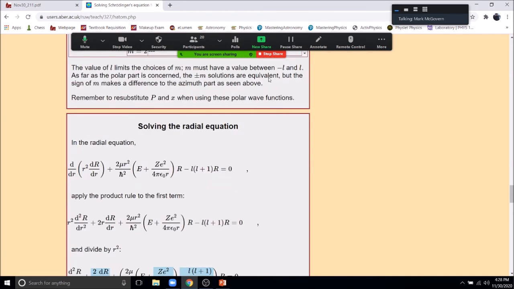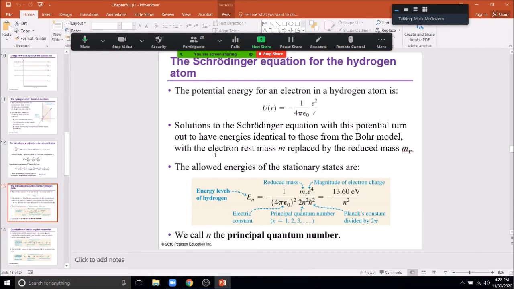So I'm going to try to simplify this as much as possible, but the solutions to this stuff end up being pretty wild. When you solve the R component, though, when you eventually get through all the mathematics, it does yield a somewhat simplified energy state equation.